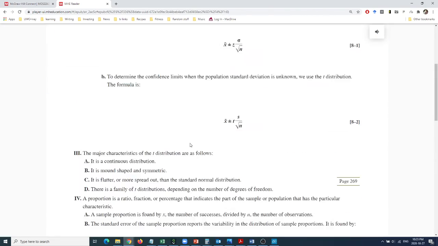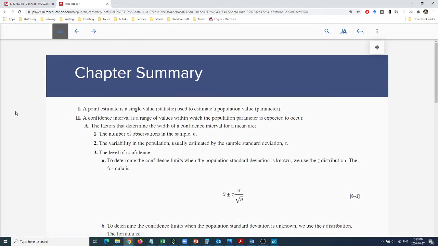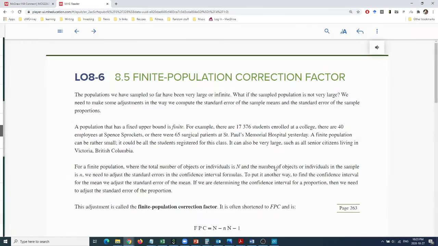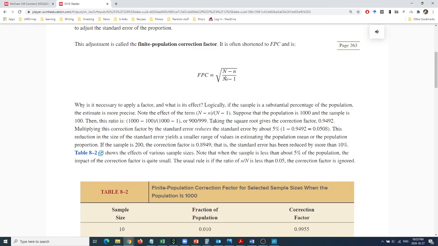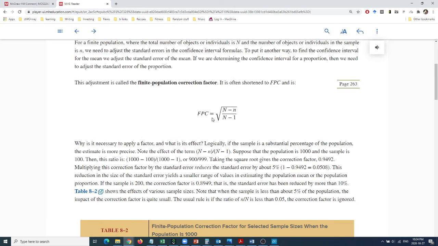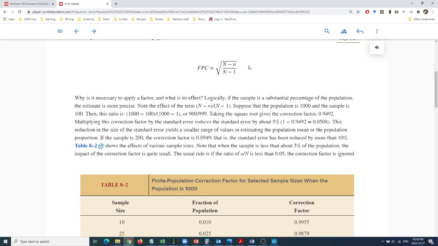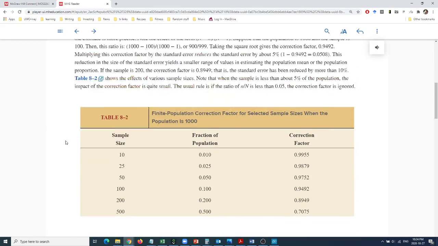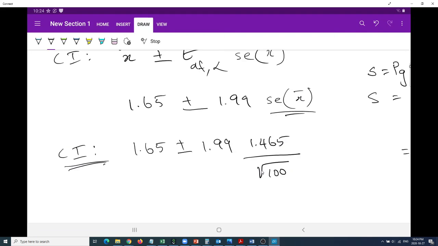Ideally you add this correction factor because a firm cannot have infinite employees, so sometimes you could add it, and this would reduce the value by a little bit, but we decided to skip that.